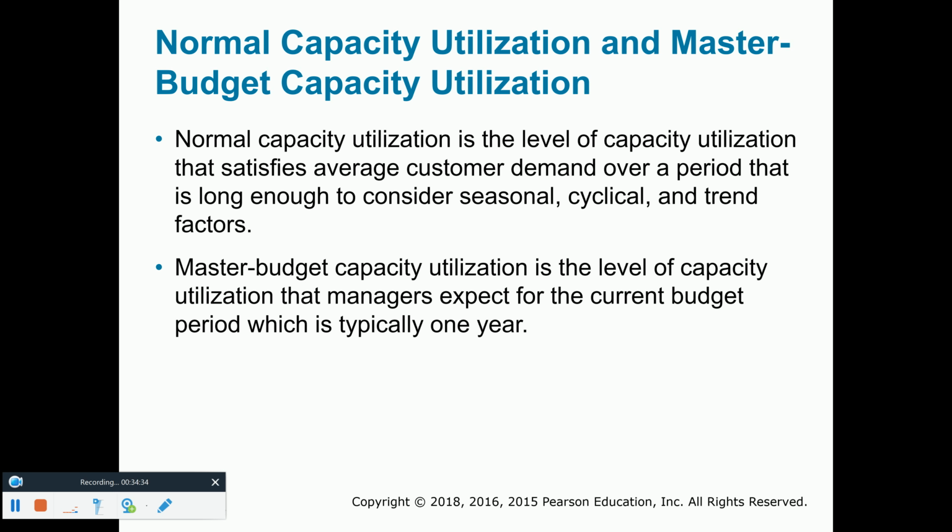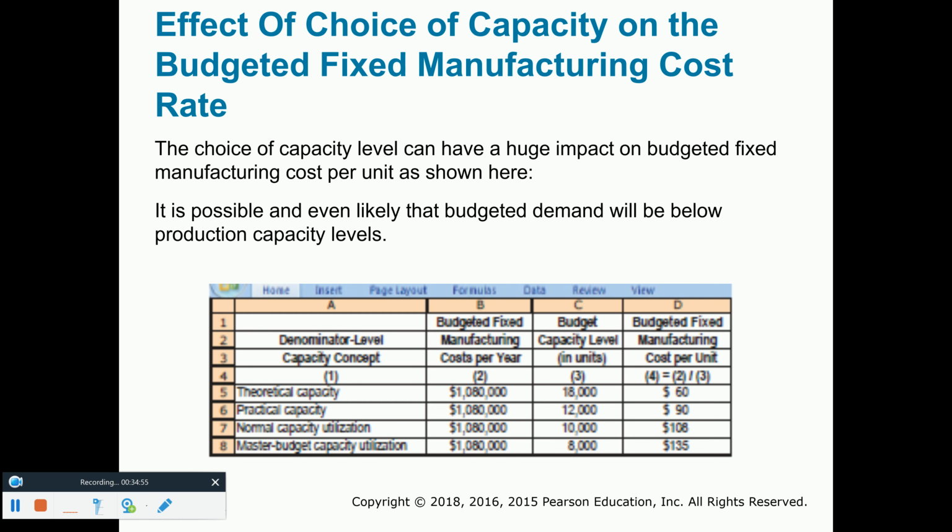And then last but not least, we have master budget capacity, where we're basically considering the master budget for a year, for 1 year. Obviously, in 1 year time, we may not have all the cycles and the trend factors as normal capacity would.